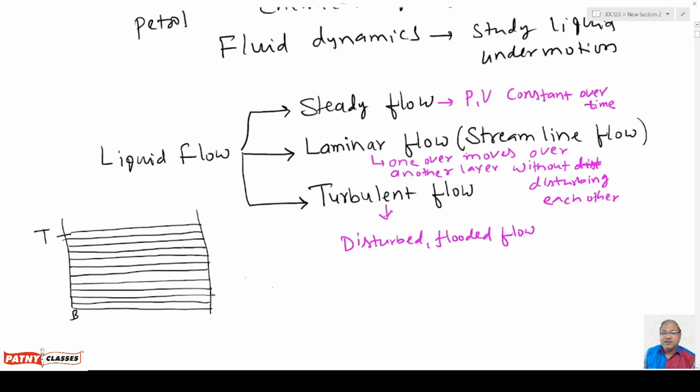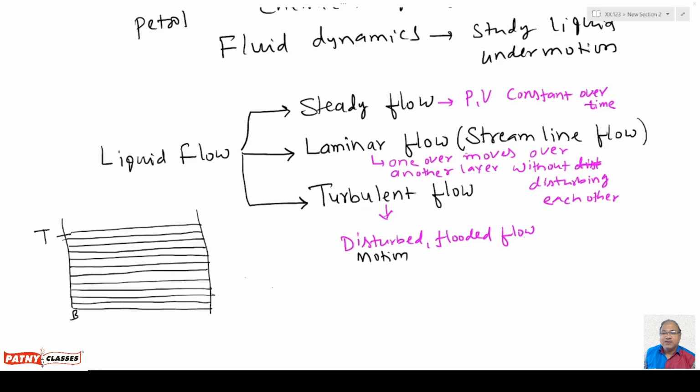And when the water is flowing, if these layers are flowing such that they are disturbing each other, there is a total disturbance while the liquid is flowing from one point to another point. It is a disturbed motion of liquid. It is a flooded flow. Such type of motion of the liquid is called a turbulent flow.